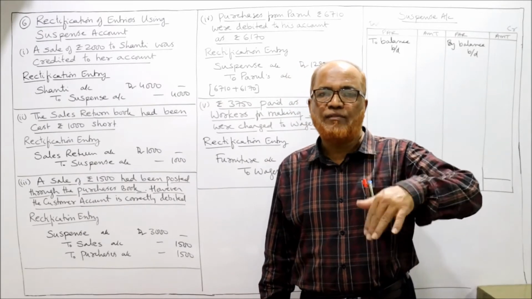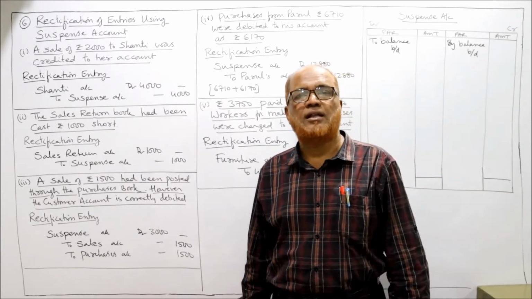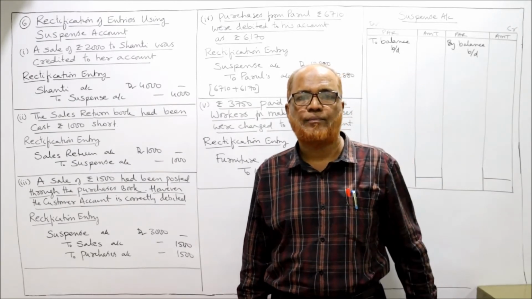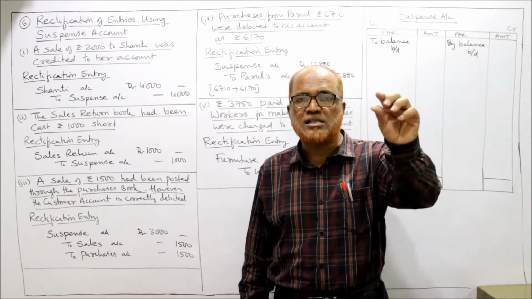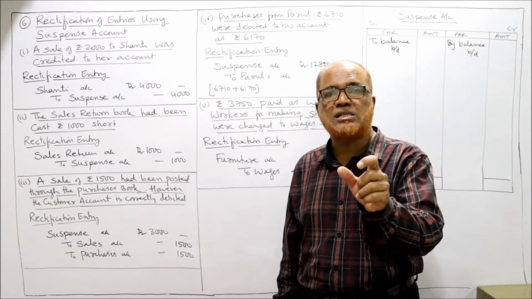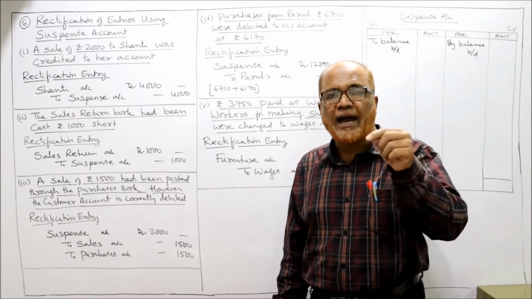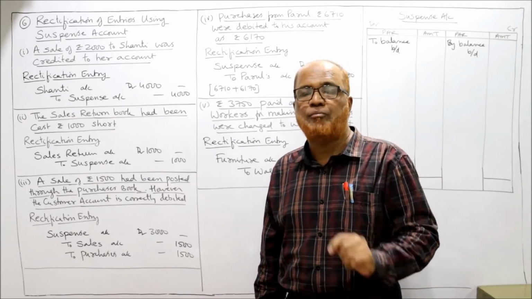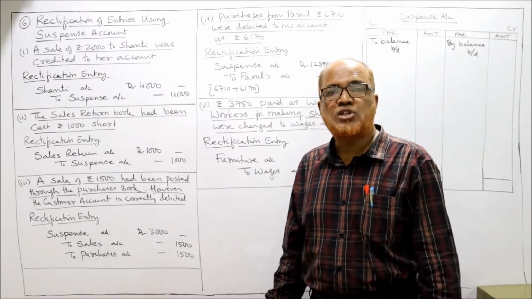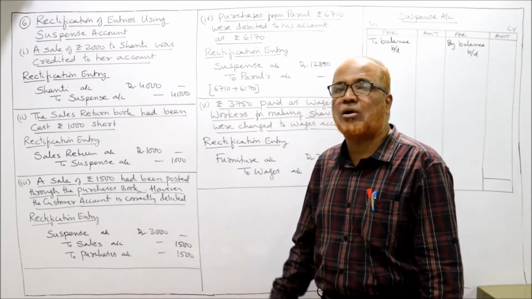When we sell the goods to a customer, the entry will be customer account debit to sales. Customer should have been debited and he is debited, so no error in customer account. Now actually sales account should have been credited, but it is not credited. Which account is debited? Purchases account was debited.